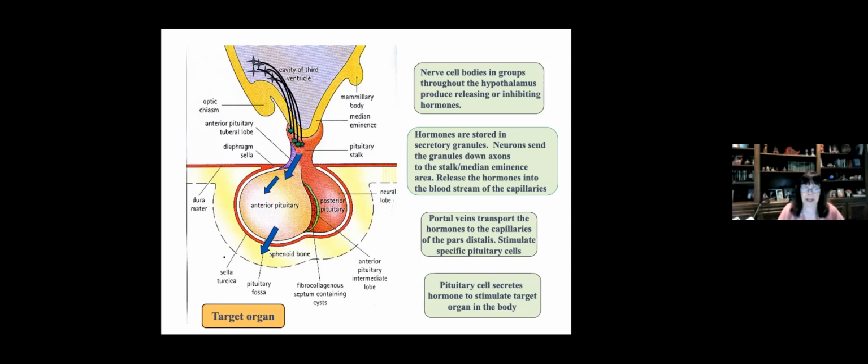And they secrete then into portal vessels that literally carry the blood into the anterior pituitary. That's a very important concept. And I guarantee you're going to be asked to describe this concept in one of your take-home exam questions. And so then the secretion from the pituitary goes out to the venous system to the target organ. So that's your basic direction of regulation and secretion from an anterior pituitary cell.